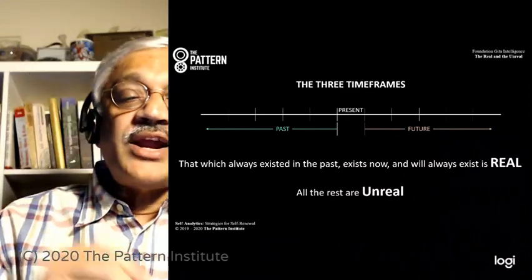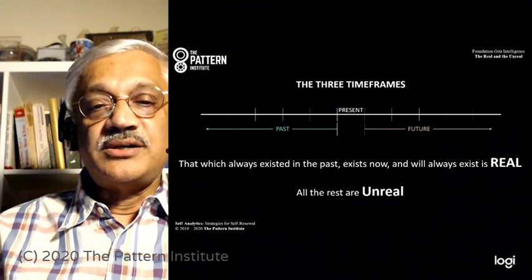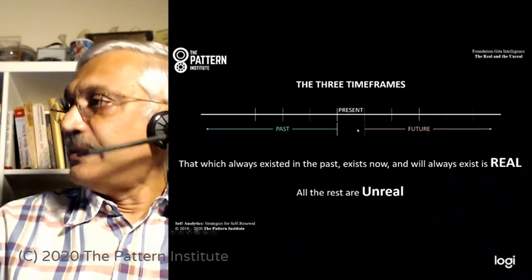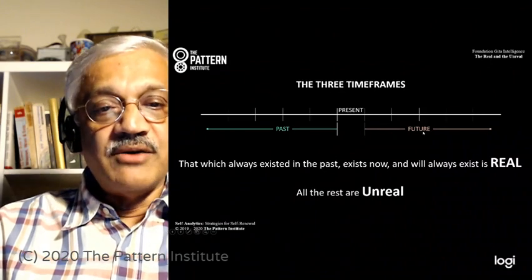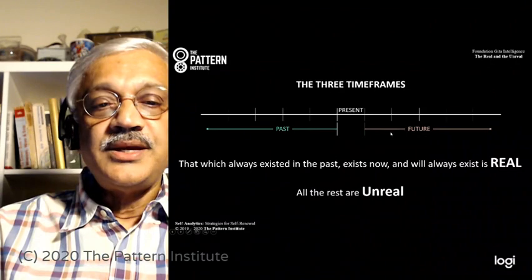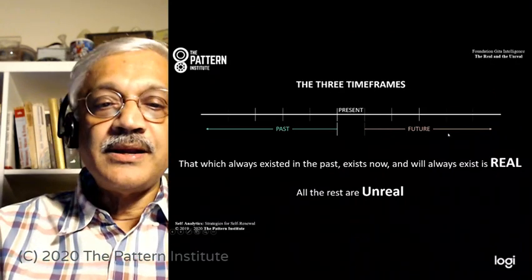The three frames of time are the past, the present, and the future. Previous hours, the present hour, and the future hours, the coming hours. Yesterday, today, tomorrow. Previous months, this month, the coming months.